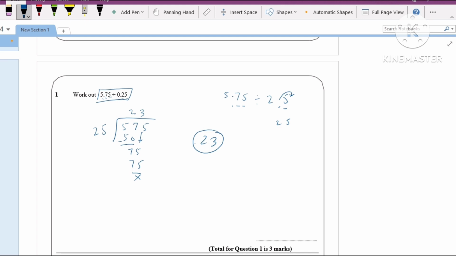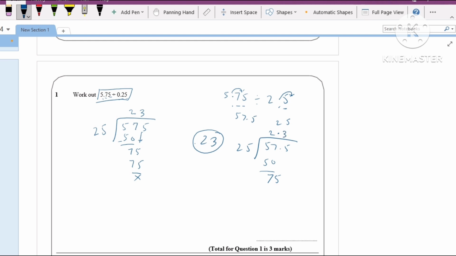So this point will move here, this will be 57.5, so we will divide 57.5 by 25. 25 times 2 is 50 and minus, 7. Now this point will move here, then we bring down the 5, and 2.3 will be your answer.